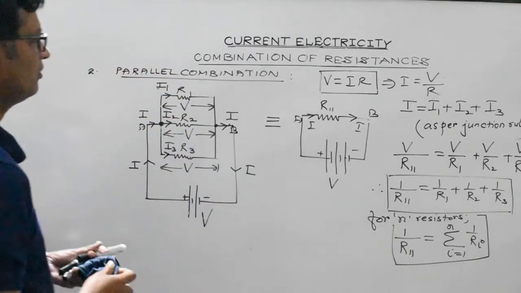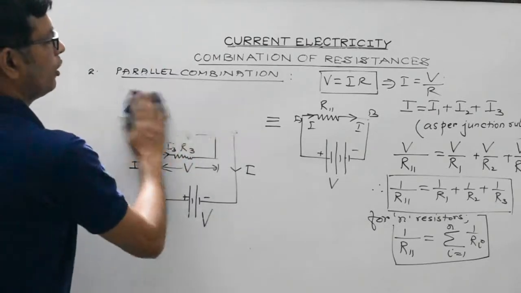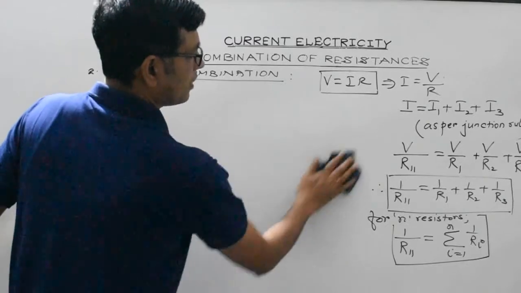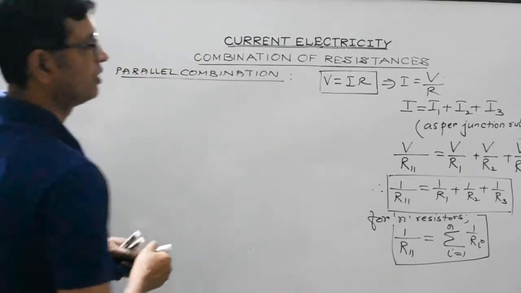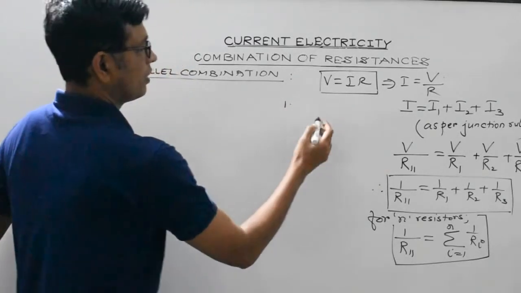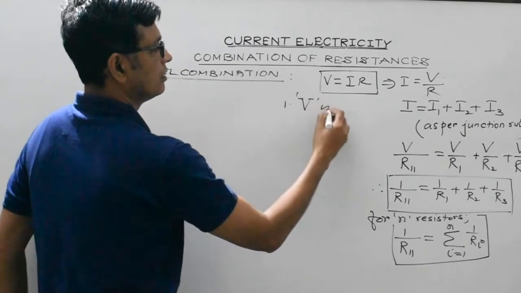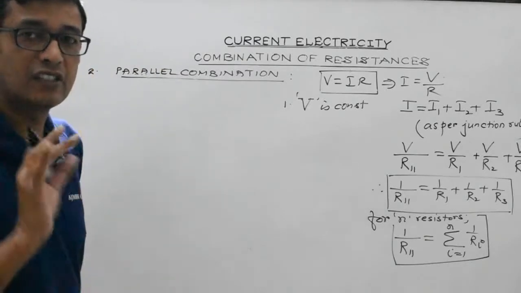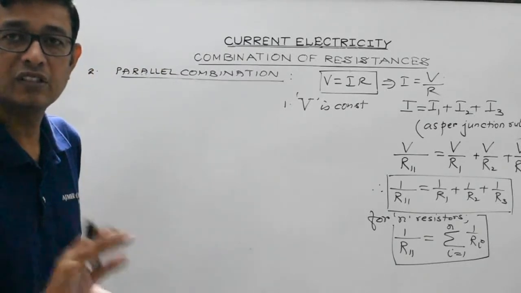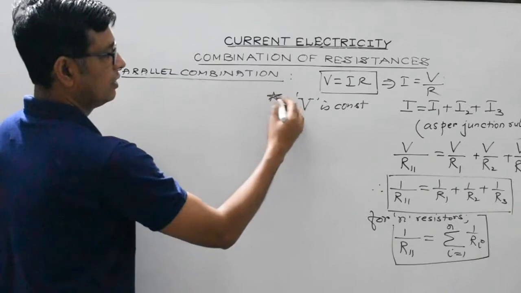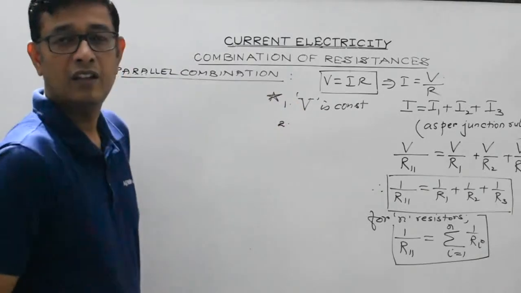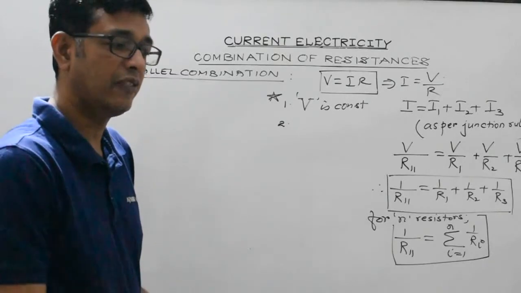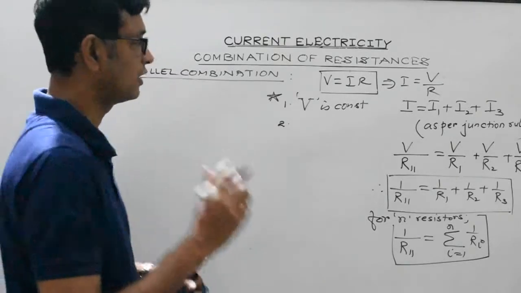So let's discuss some very, very important points which are applicable in the parallel grouping of resistors. First and foremost point is V is constant. Potential difference across each of the resistors connected in parallel is always constant. So that's the key point. Second, current flowing across different resistors having different values of resistance is different.